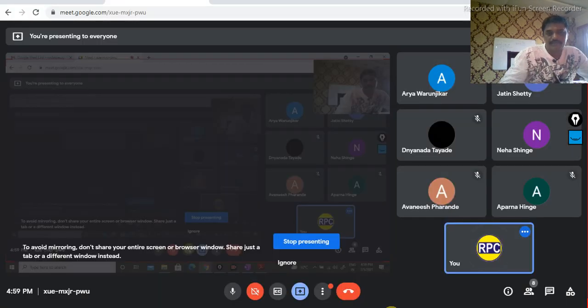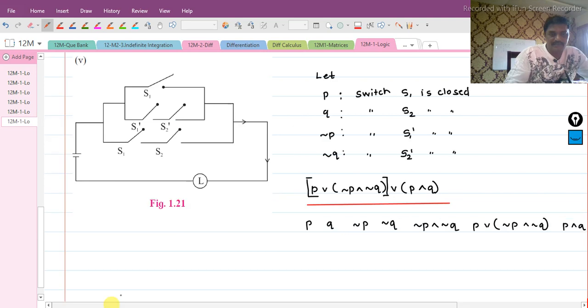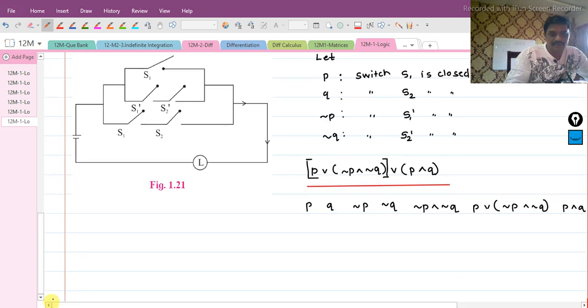Alright. So 4, 5, 6, 7, 8 columns are there. 8 columns. And let's get going.